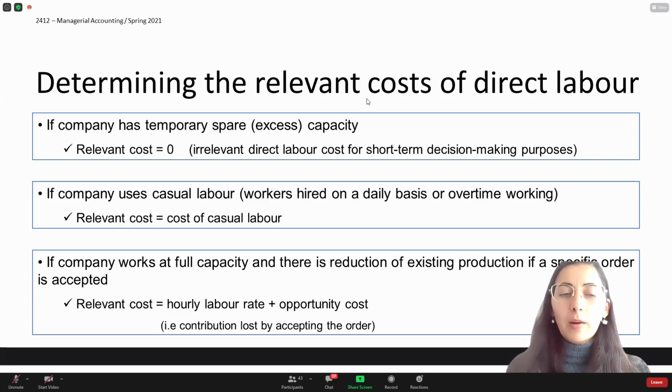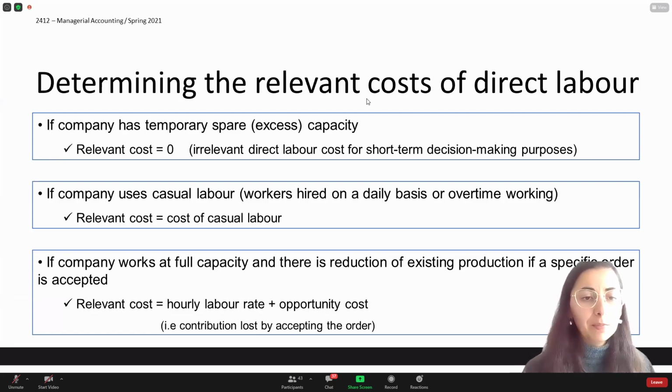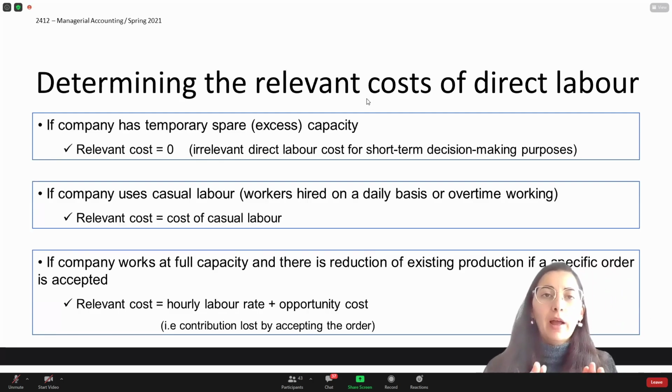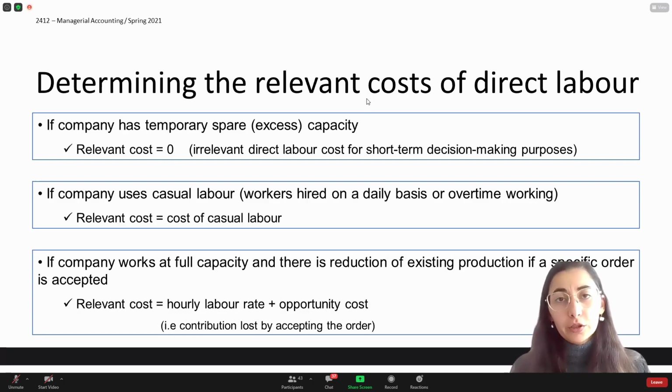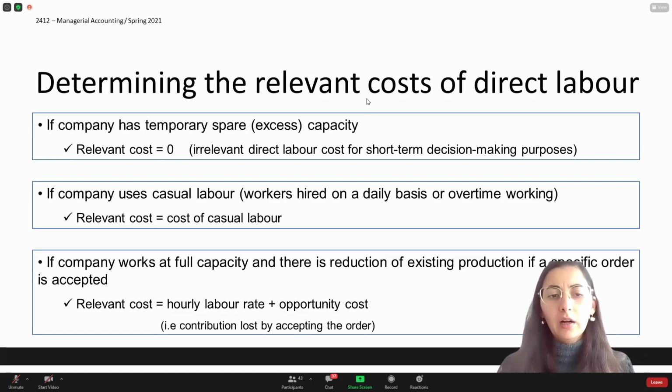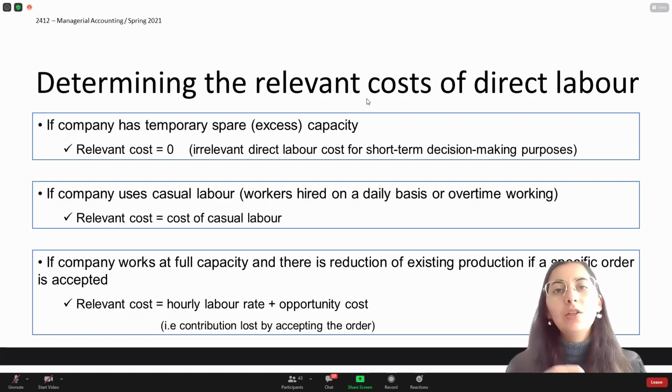And if the company is working at full capacity, and there is a reduction of existing production if a specific order is accepted, it means that if I'm working at full capacity and I want to accept this order, I have to stop producing something else. Then the relevant cost of the labor will be the cost of the labor, so the hourly labor rate, plus the opportunity cost. What is this opportunity cost?